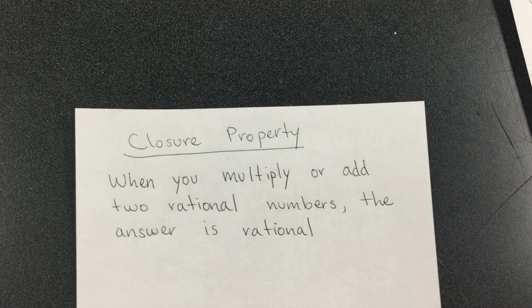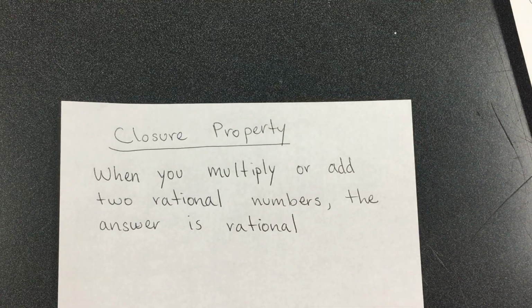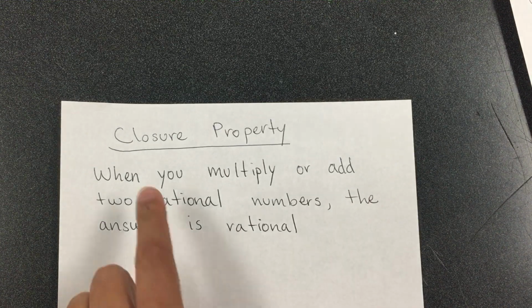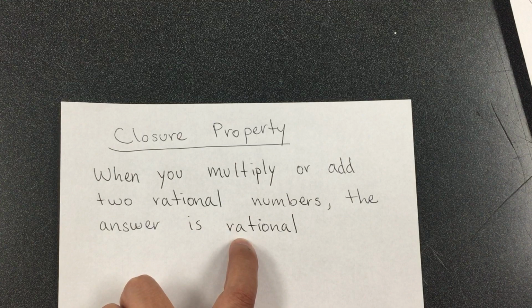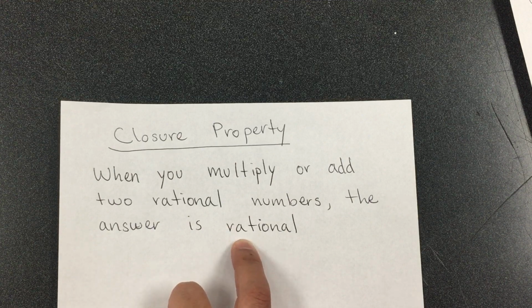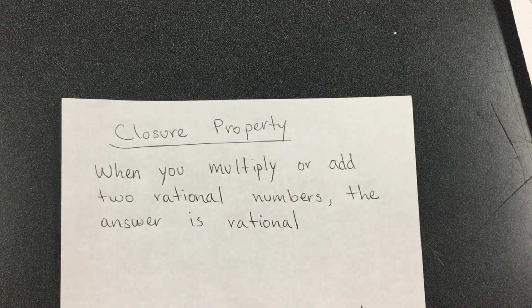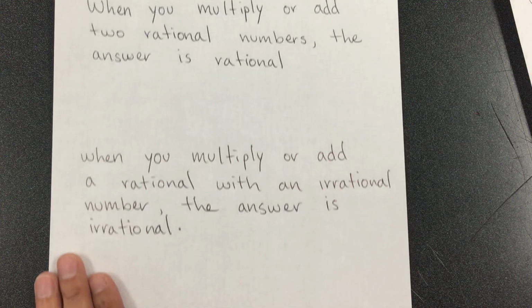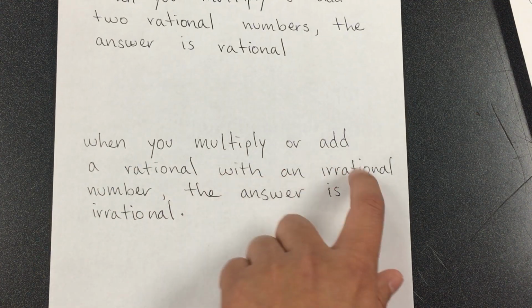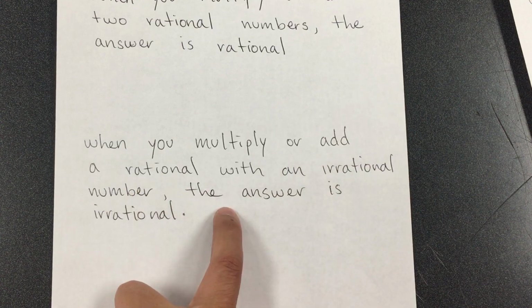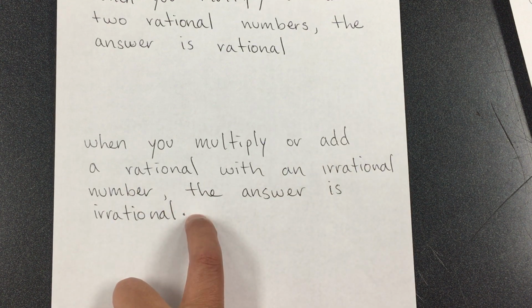Okay, so we have a closure property here, and the closure property says when you multiply or add 2 rational numbers, the answer is rational. And also when you multiply or add a rational with an irrational number, the answer is irrational.